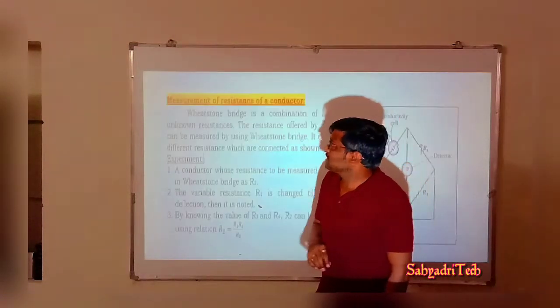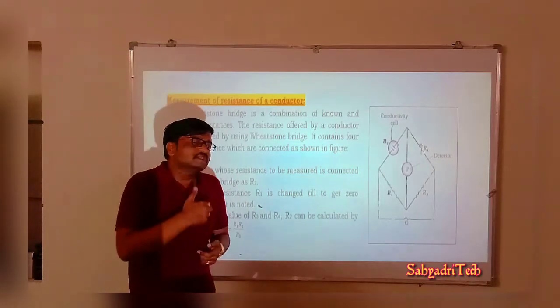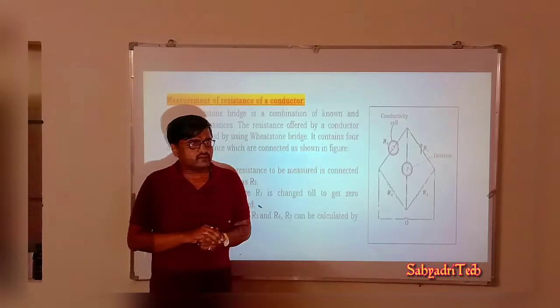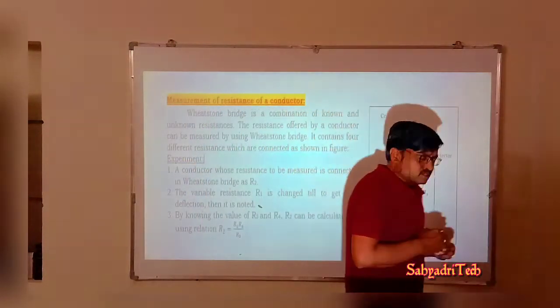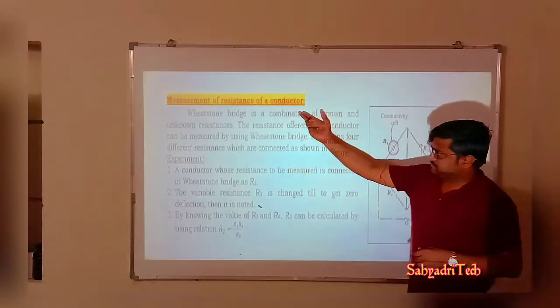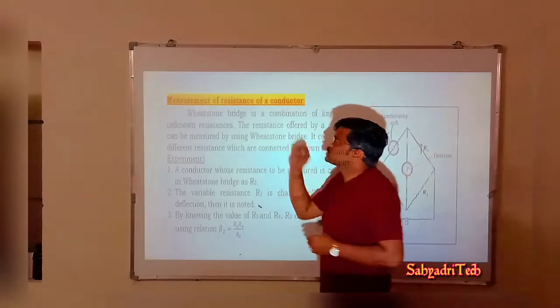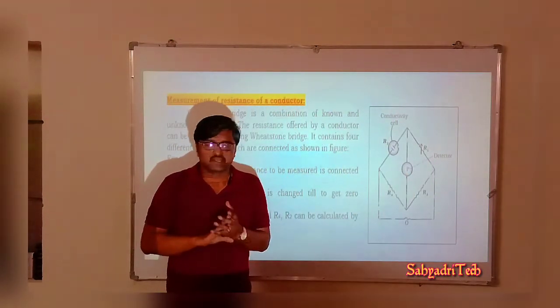Then, I said the cell constant is measured by first measuring the resistance of a conductor. How is the resistance of a conductor measured? With the help of a Wheatstone bridge. So with the help of a Wheatstone bridge, it is possible to measure the resistance of a conductor.